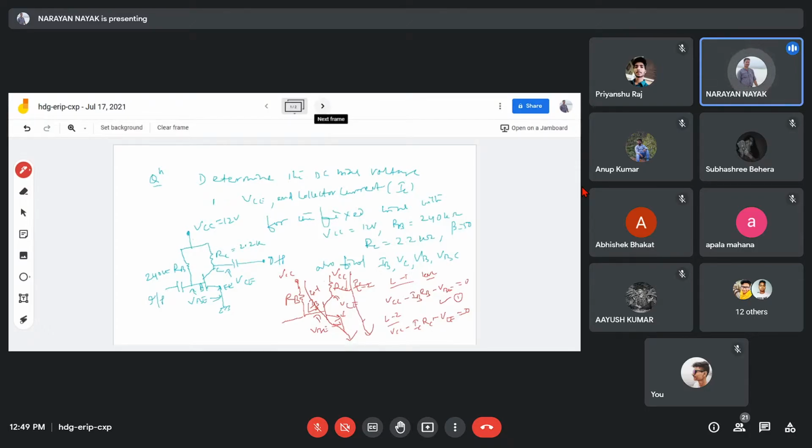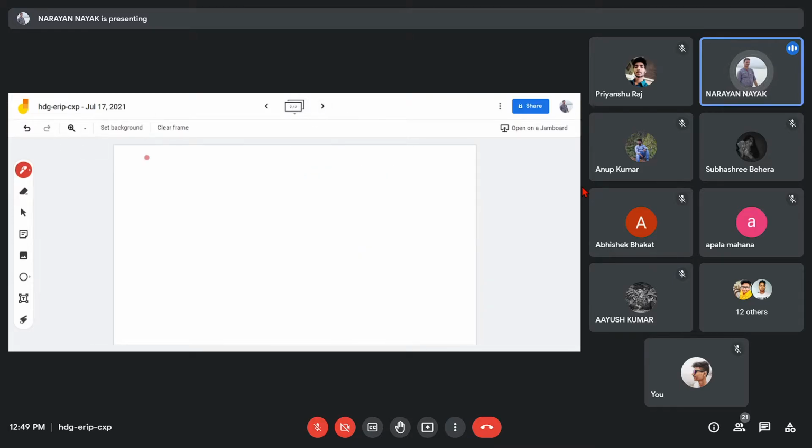From the first equation, VCC minus IBRB minus VBE equal to 0, here you have to calculate IB. IB is nothing but VCC minus VBE divided by RB. VCC is how much? VCC is 12 volt, minus base emitter voltage.